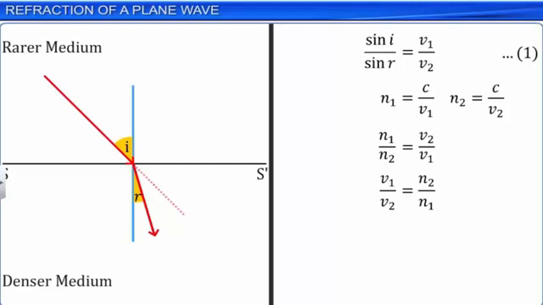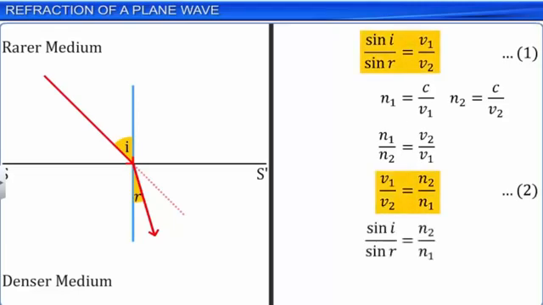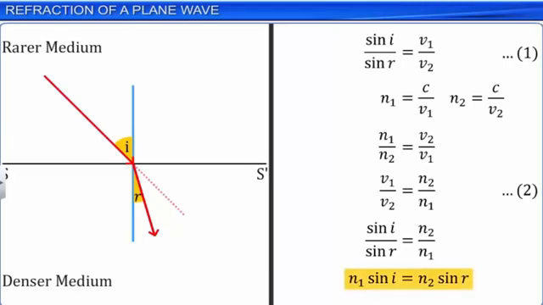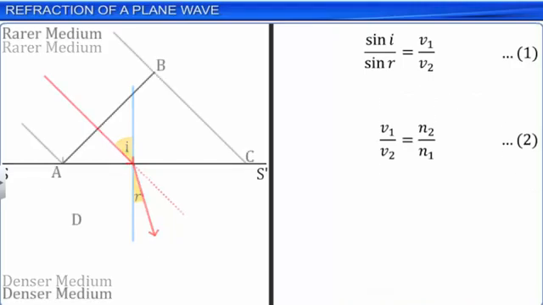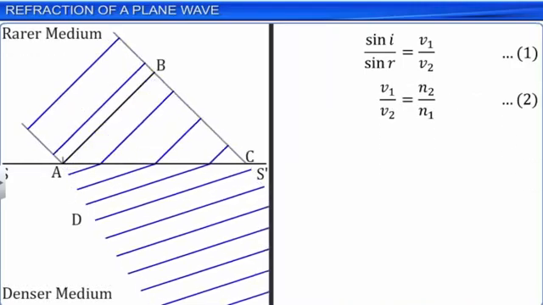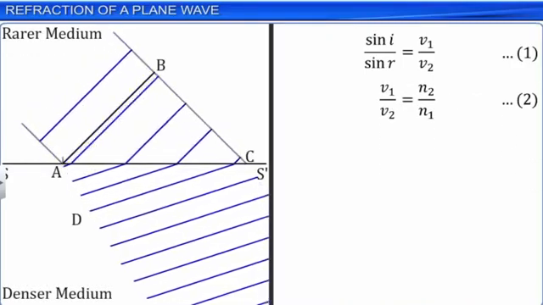Let this be equation 2. From equations 1 and 2, we can write sin I by sin R is equal to N2 by N1. This can also be written as N1 sin I is equal to N2 sin R. This is Snell's law of refraction. Let us now consider the refraction of successive wave fronts at the interface SS'.